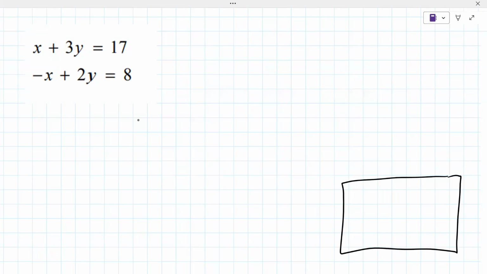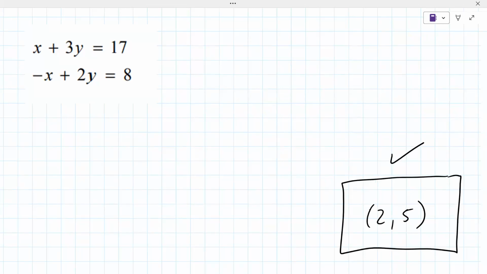It's 2 comma 5. Okay. And how confident are you in your answer? Pretty confident. I rushed myself a little bit. Good job.